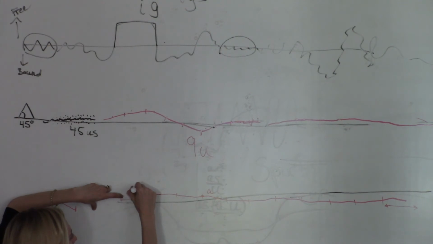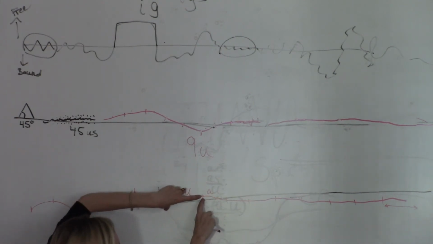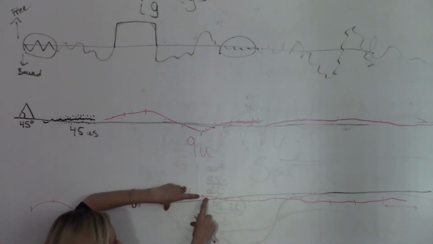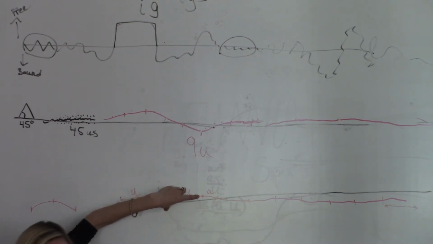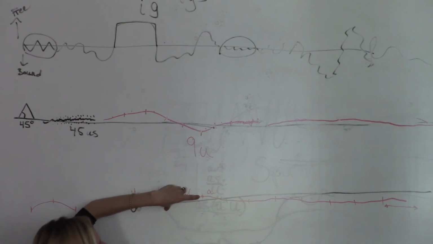So here's a U, here's a U, here's a U. Oh, but guess what? Here's a change, and we're documenting change. This has kind of an A, but it also still kind of has a U flavor to me because it's kind of diagonally drifty.